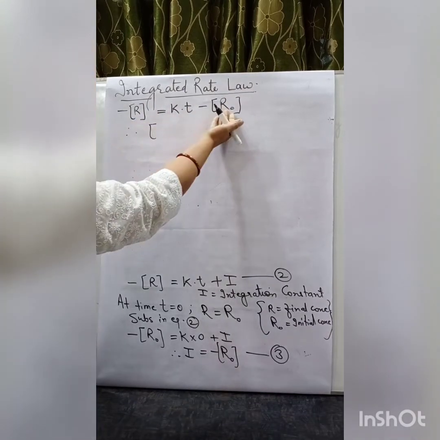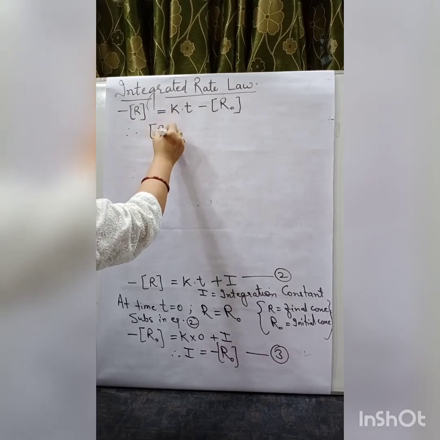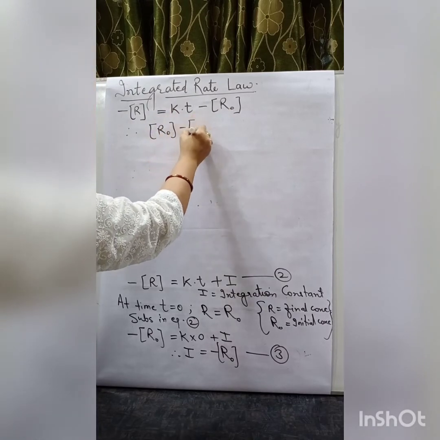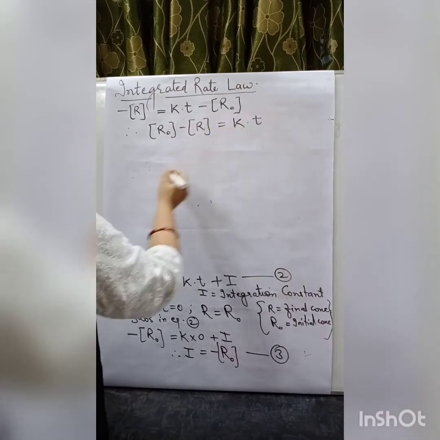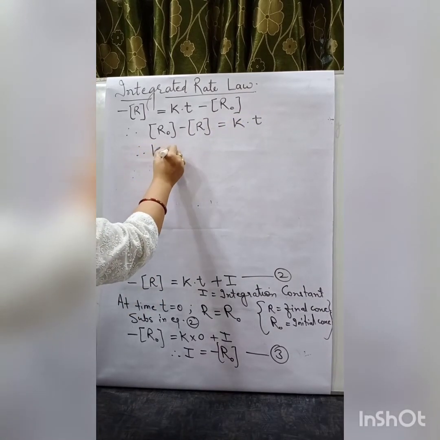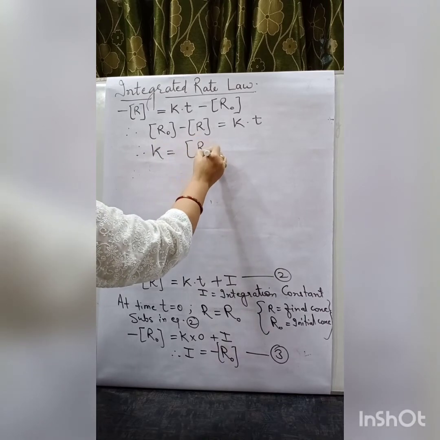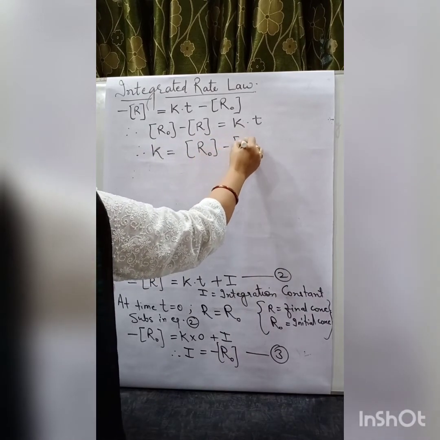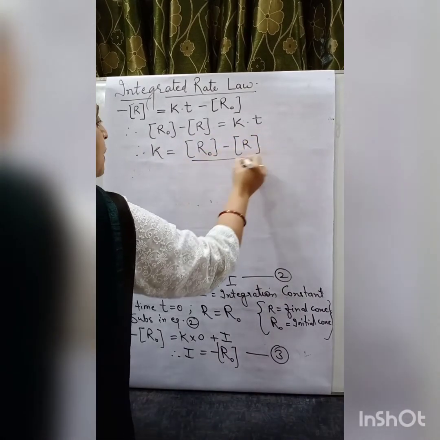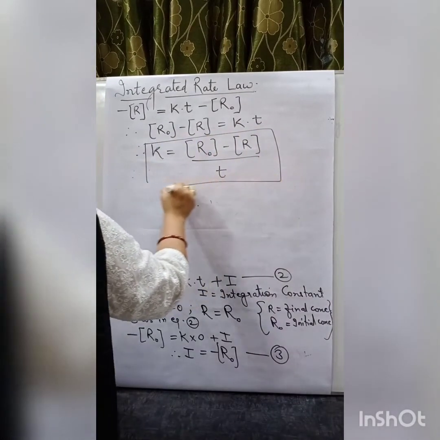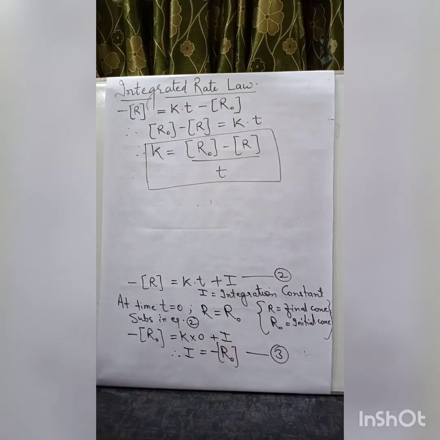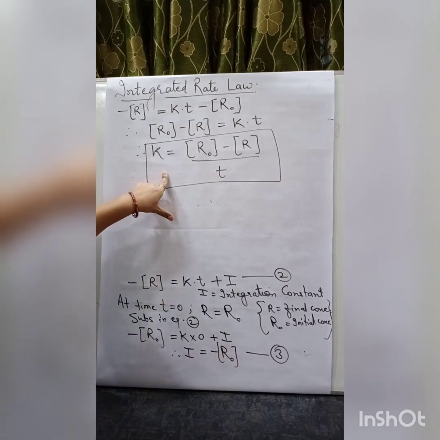If I take this quantity on this side, R0 minus R is equal to K into T. Therefore, K is equal to R0 minus R upon T. This is the expression of integrated rate law for a zero order reaction.